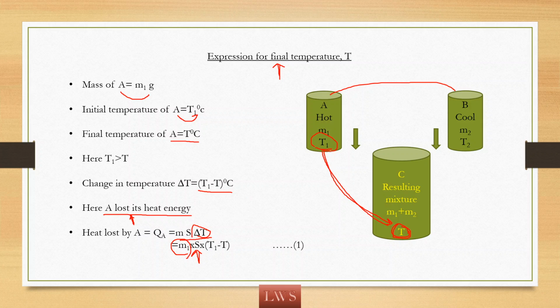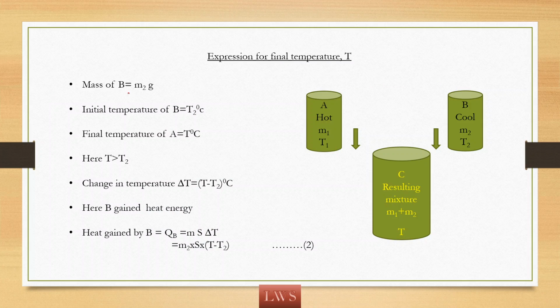Here highest temperature is T1, lowest temperature is T. So whenever you are finding the changes in temperature, remember that we have to take the subtraction of higher value minus lower value. So it is T1 minus T. Consider this as equation 1. Similarly, we'll find the heat gained by B.